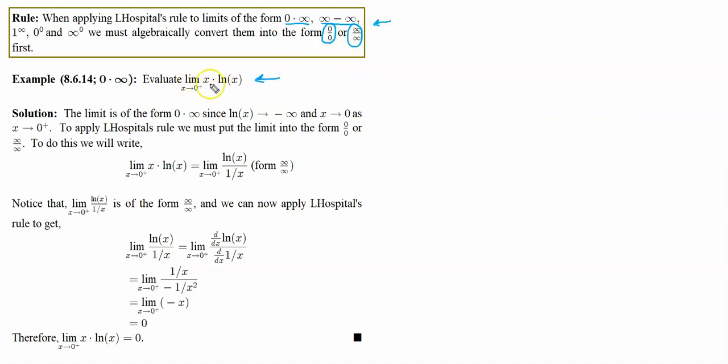So here we want to evaluate the limit as x approaches 0 from the right of x times the natural log of x. Now let's notice what form this limit is. So as x is approaching 0 from the right, the x is approaching 0. And if you think back to the graph of the natural log, remember the graph of the natural logarithm looks like this.